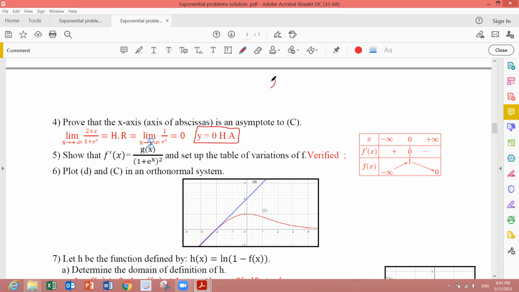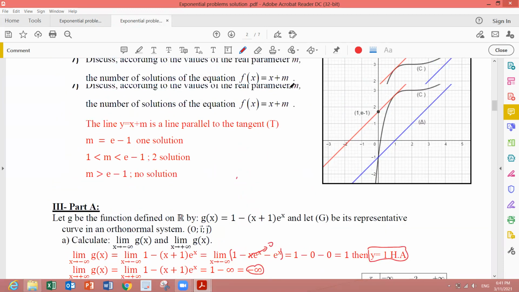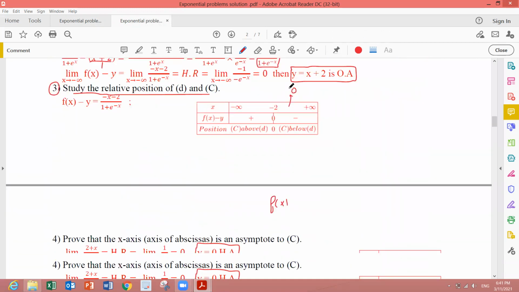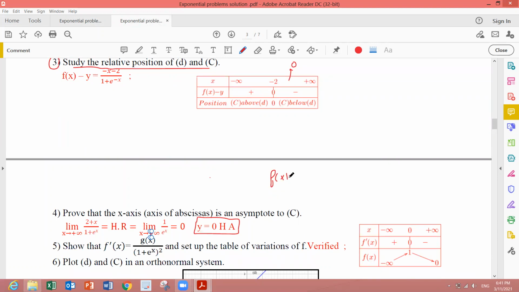So we have f(x) equals (2 plus x) over (1 plus e to the x). f prime x equals u prime, which is 1, times v, we get 1 plus e to the x, minus v prime, which is e to the x times (2 plus x), we get minus 2 e to the x minus x e to the x, over (1 plus e to the x) squared.